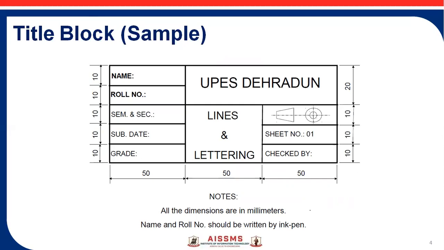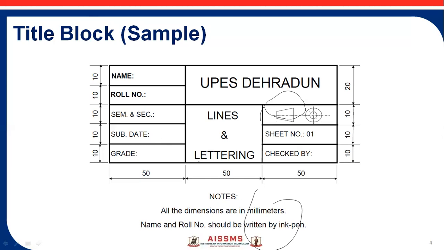This particular symbol is the first angle method of projection symbol, along with the sheet number and all. It is divided into 150 mm in length, and the width is 50 mm.